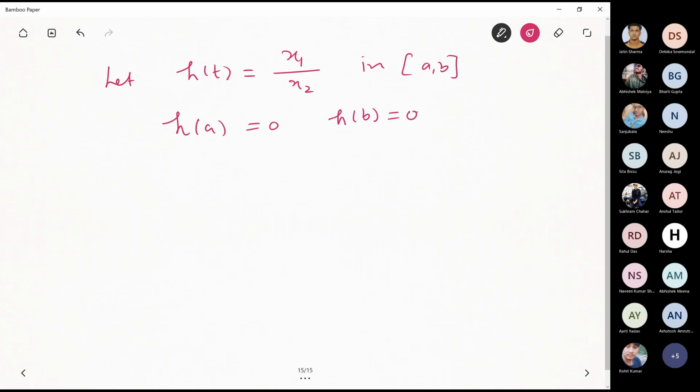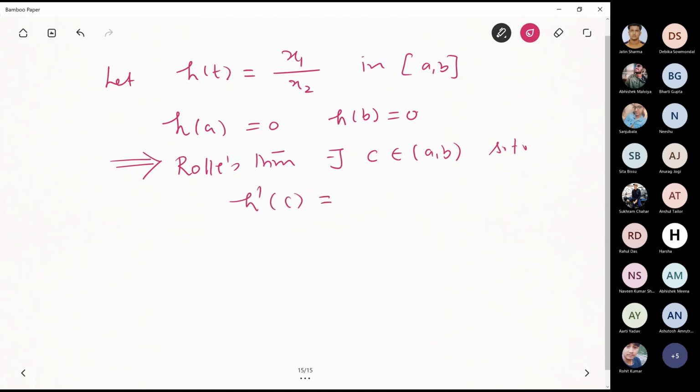Once I say h(a) is 0 and h(b) is 0, you should get an idea of what I'm going to use here. What is that? Rolle's theorem. So by Rolle's theorem, there exists a point c in (a, b) such that h prime at the point c is 0.